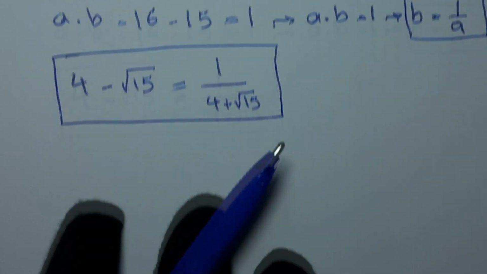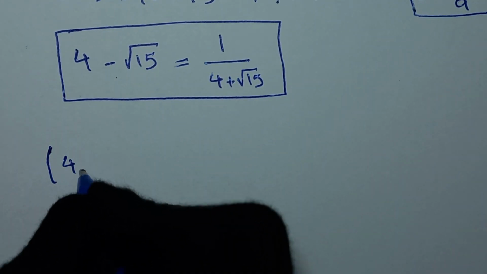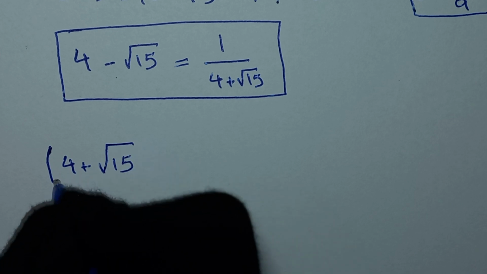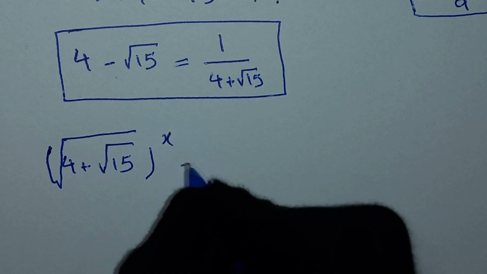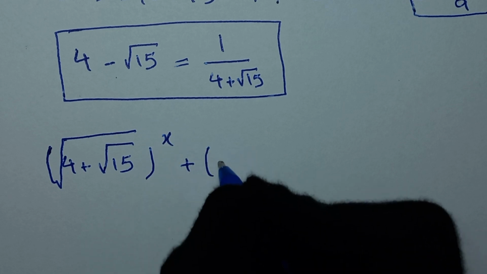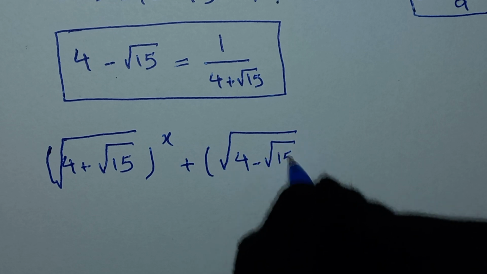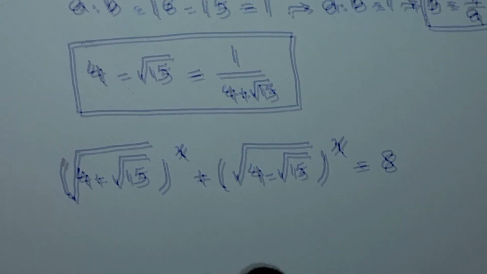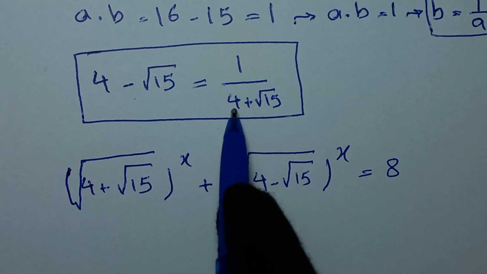So we write our problem: square root of 4 plus square root of 15 to the power of x plus square root of 4 minus square root of 15 to the power of x is equal to 8. And here, 4 minus square root of 15 is equal to 1 over 4 plus square root of 15.